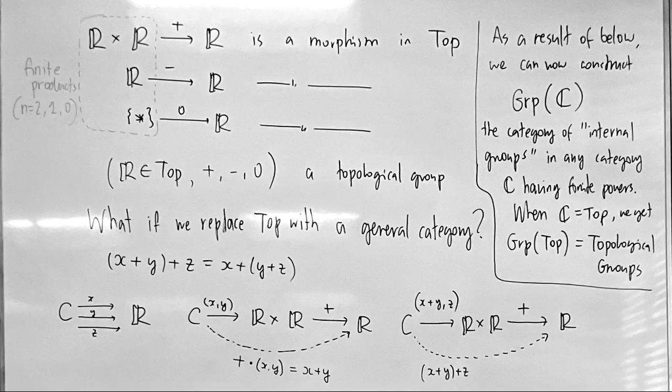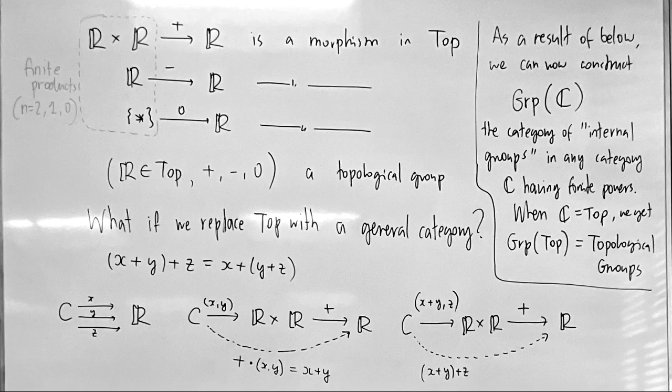So we now have two morphisms from C to R. One of them is x plus y plus z. The other one is x plus y plus z. And we want them to be equal to each other.